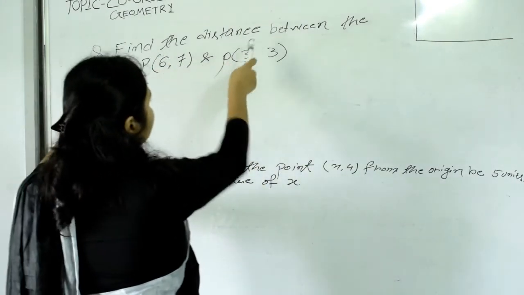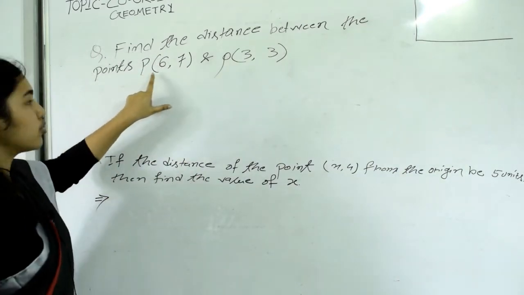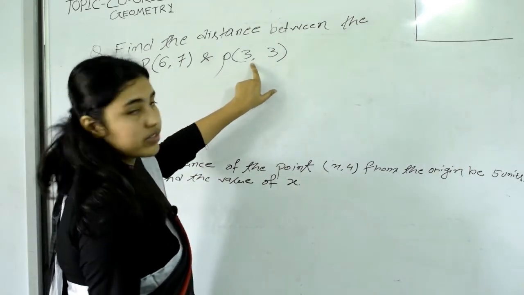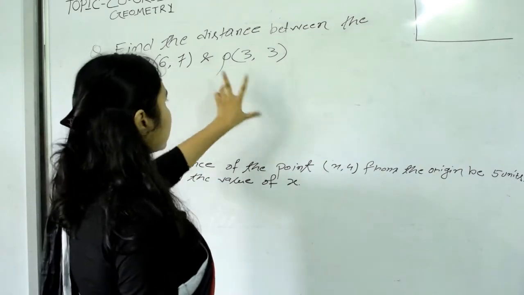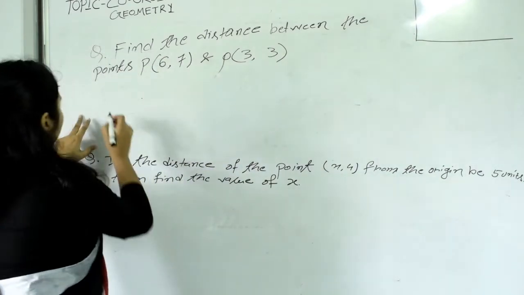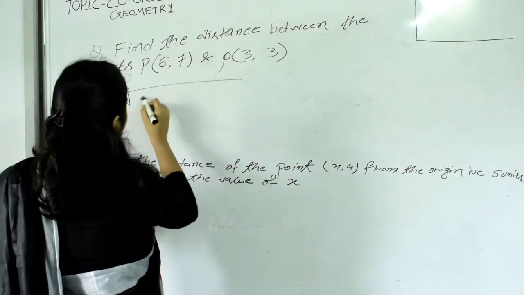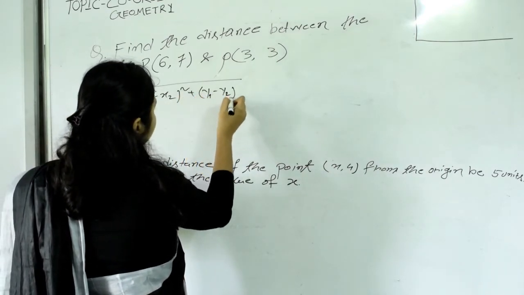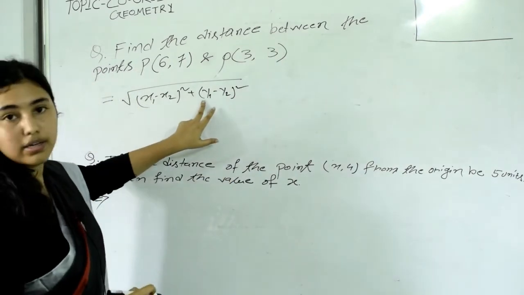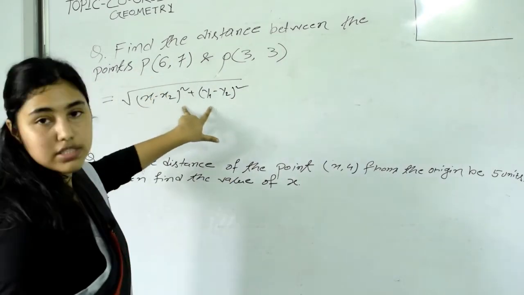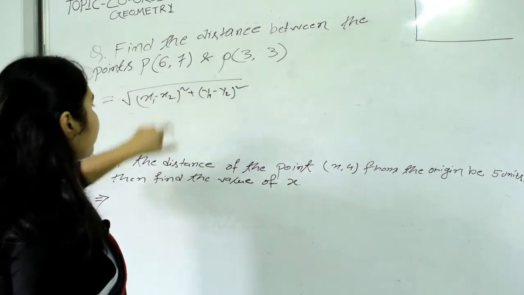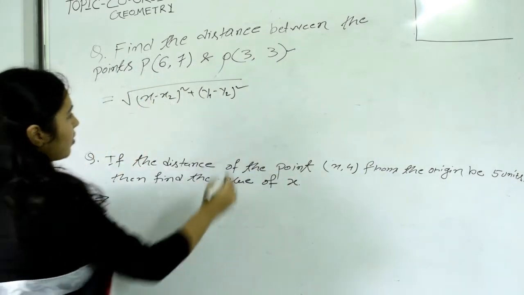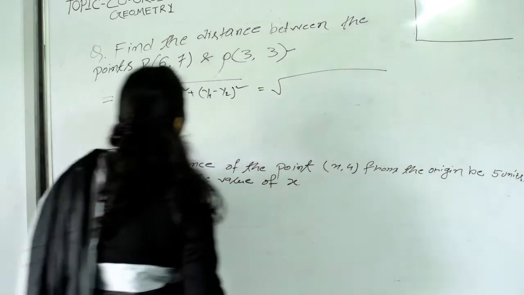Here we have to find the distance between this point P with coordinate (6, 7) and this point Q with coordinate (3, 3). We have to find the distance between these 2 points. So we know our distance formula is root of (x1 minus x2) square plus (y1 minus y2) square, where x1 and y1 is the coordinate of point P and x2, y2 is the coordinate of point Q. Okay, so first put the values.